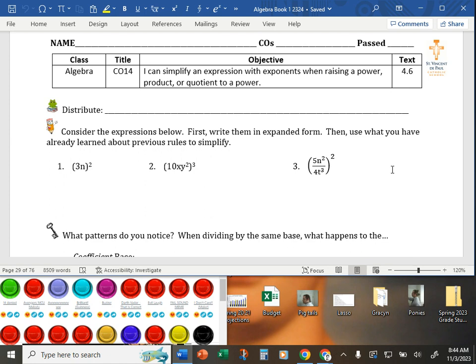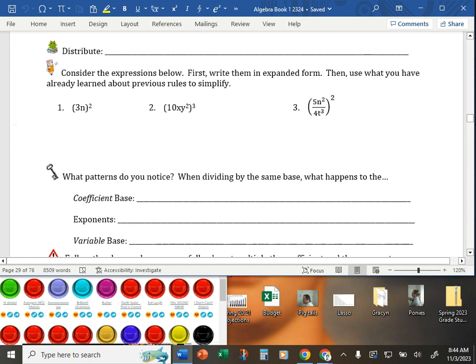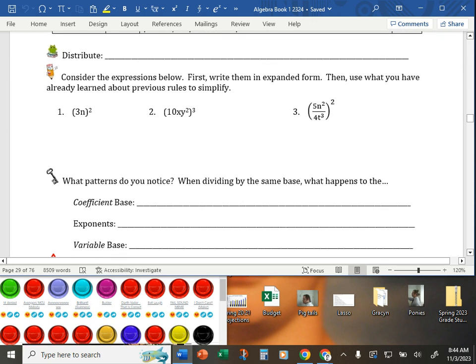Anyway, CO14, the last of 5 rules for simplifying exponent expressions. And like we've talked about, each rule has its own flavor, its own character. What do you notice is true about all 3 of these expressions we have in the top example section? Aiden. They all have parentheses.